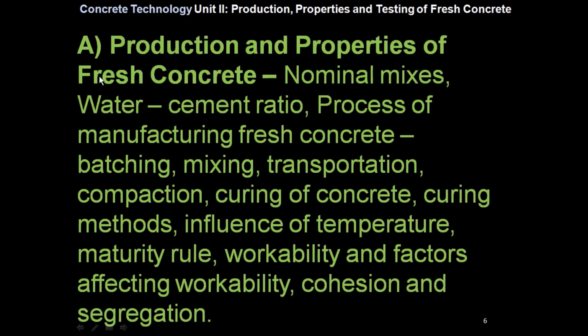So now we will see Part A, production and properties of fresh concrete: nominal mix, water cement ratio, process of manufacturing fresh concrete, batching, mixing, transportation, compaction, curing of concrete, curing methods, influence of temperature, maturity rule, workability and factors affecting workability, cohesion and segregation.